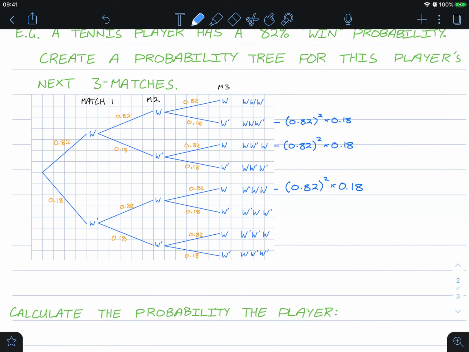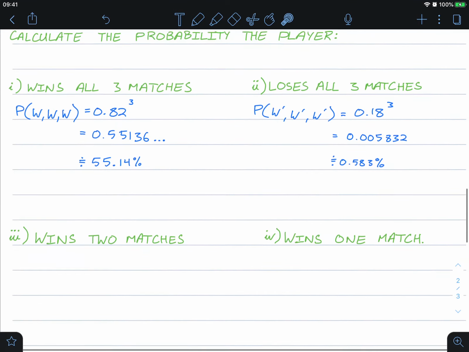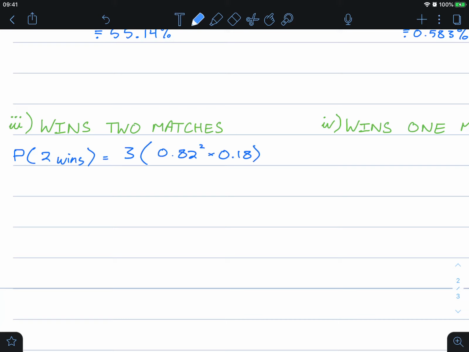So really, now, once we have these probabilities, we just add them up vertically. Well, to simplify this, so probability of 2 wins, that's 3 lots of 0.82 squared times 0.18.